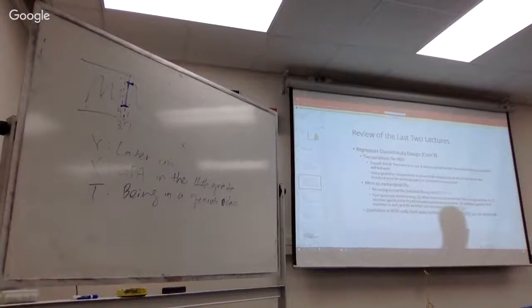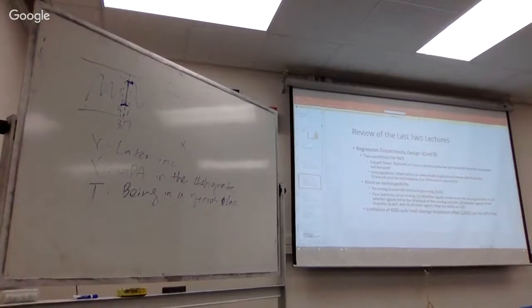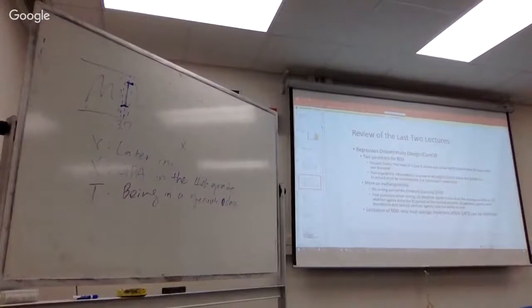Just for full clarity, so it's right to say that we can't test covariate balance, because by definition... Right. Okay. Yeah, so by theory, you have to argue for it.